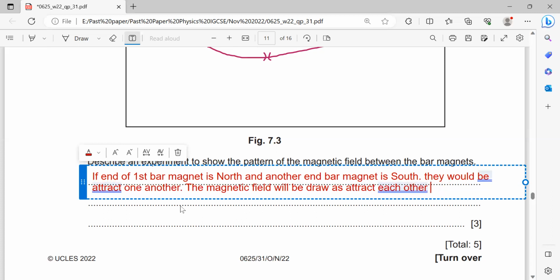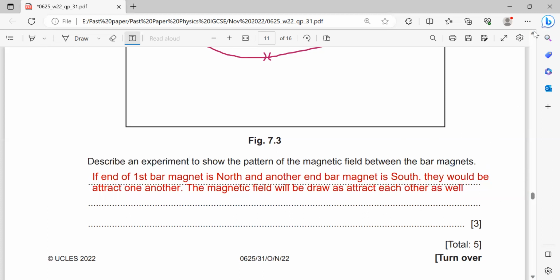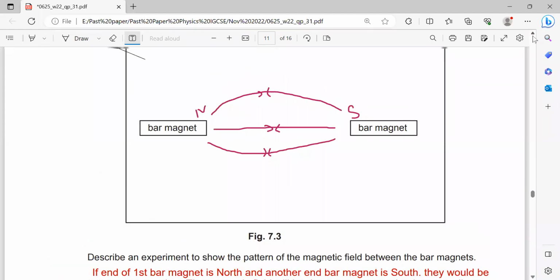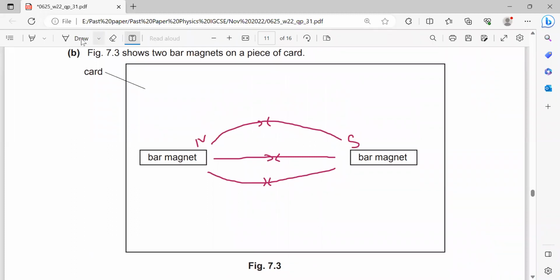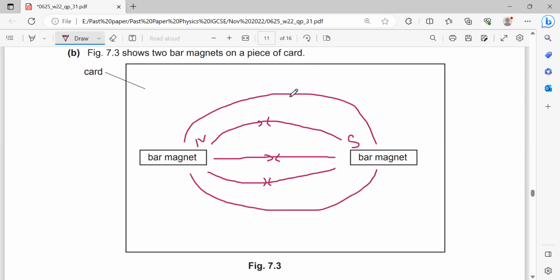So you may add the pattern, the lines, and they have to attract each other.